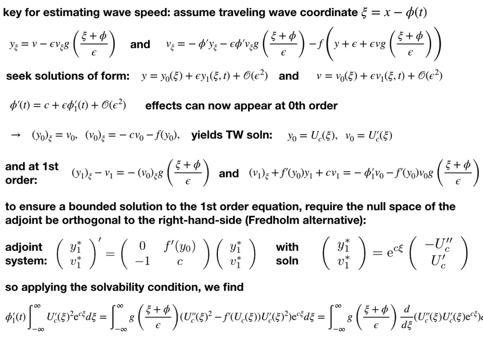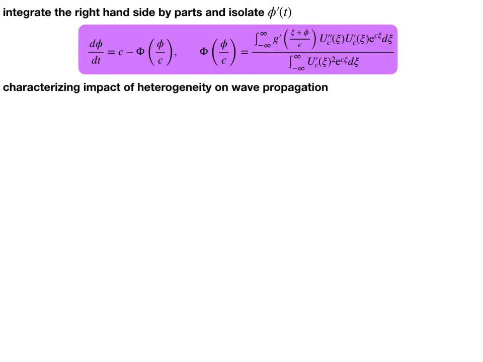So we can simplify this a bit, basically by noticing that the product rule allows us to make this set of terms a little bit more compact. Okay, and then if we integrate that right-hand side by parts, and we isolate the phi 1 prime, or just to order epsilon, we can call that just phi prime.